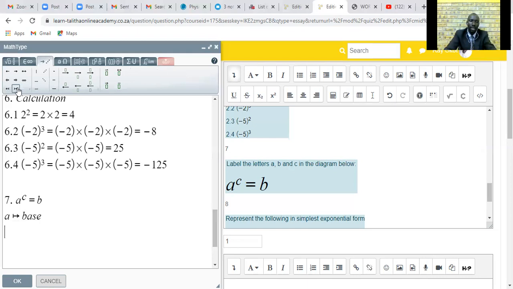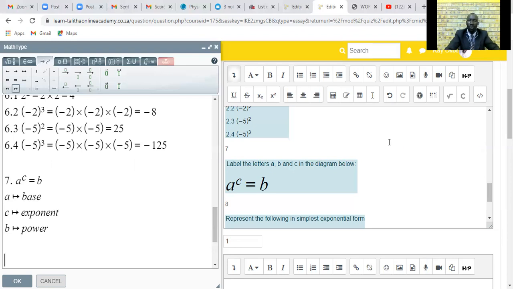Then C is called the exponent. And B for the most part is called the powers. Okay, B is called the powers of A. So put it right over there. Yes, that's the definition of the terms.